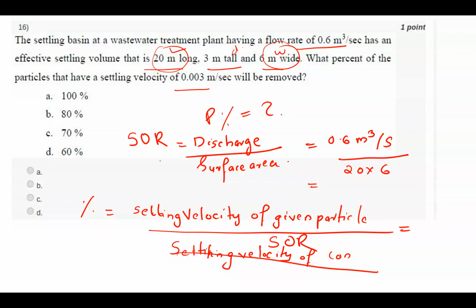You first calculate this SOR, then the settling velocity of the given sample is given as 0.003 meter per second. SOR is the overflow rate, the settling velocity of the concerned size particle in the flow. So you divide by SOR and you will get the percentage of removal.